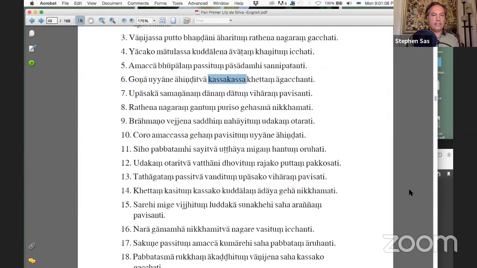The first one is Udakam otariswa. Udakam is the water, accusative singular. Otariswa, having descended into, here is having descended into the water. Yes. The second is vatani.